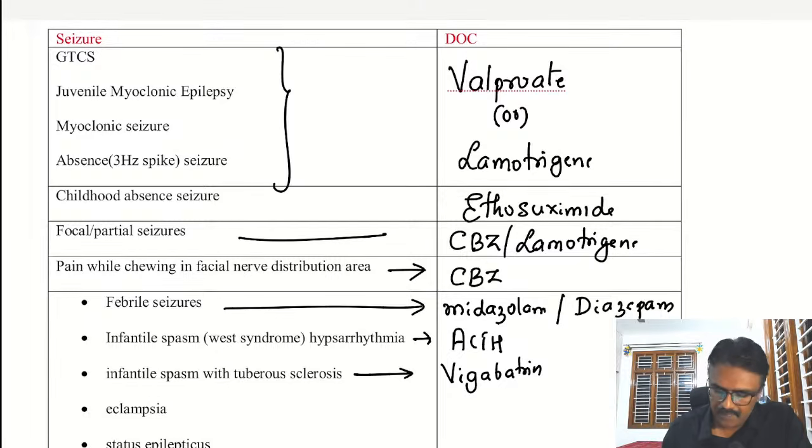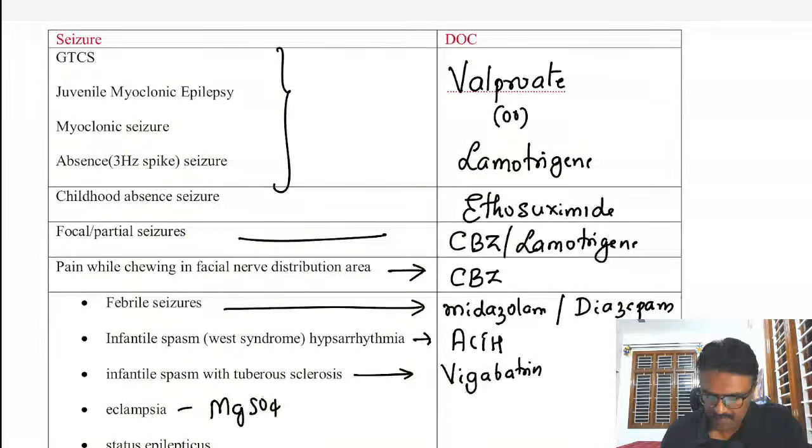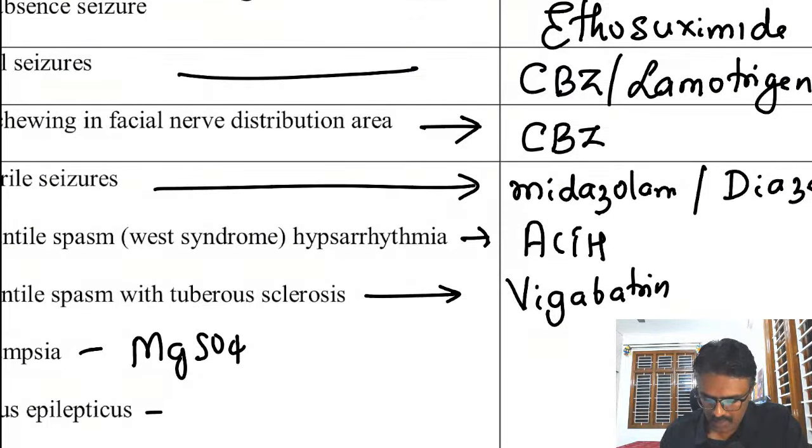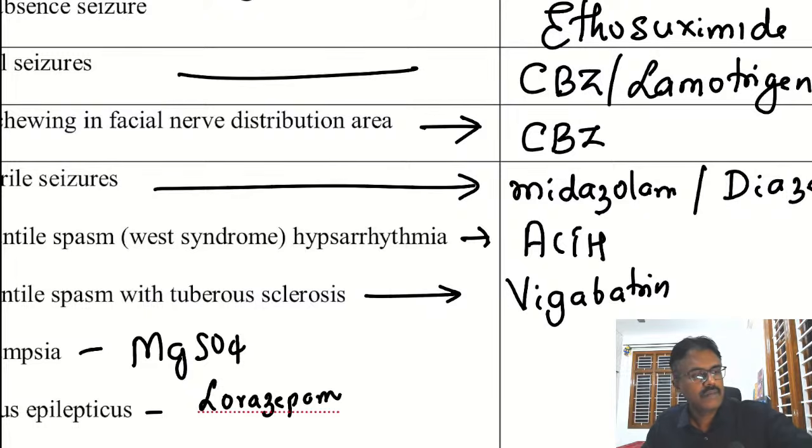And eclampsia, it is MgSO4. And for status epilepticus, what is the drug of choice? The drug of choice is lorazepam. So this will be tested in your exams.